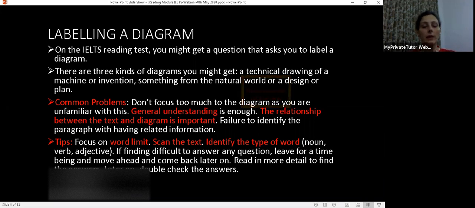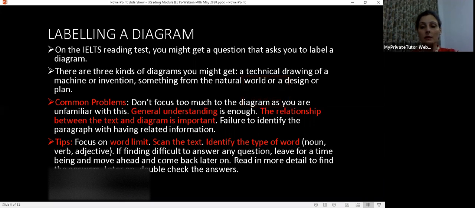Read the passage and then come back, and you will get to know what the diagram is explaining, because this is a very new thing in front of you. The relationship between the text and the diagram is important. Another common problem is failure to identify the paragraph with the related information. You have to be quite alert about that. Read the passage, then trace and label the diagram accordingly.